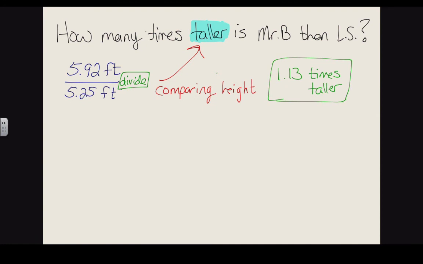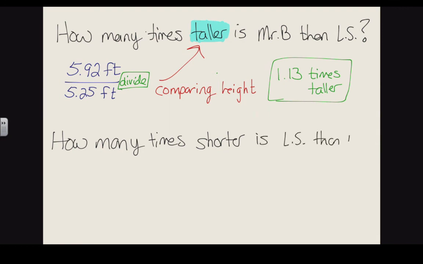However, had I reversed it, I could have said something along the lines of how many times shorter is LS than Mr. B? In this case, because we're going smaller, our ratio or our answer should be less than 1.